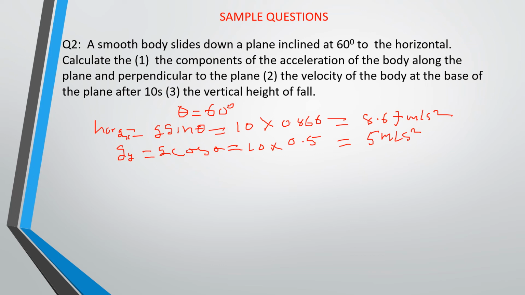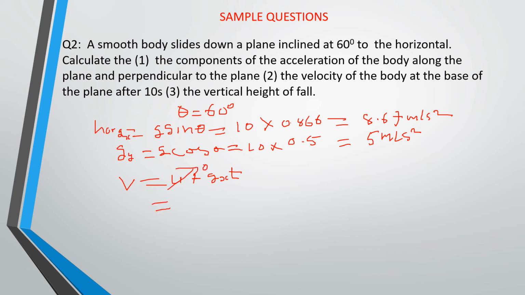Then the velocity of the body at the base of the plane after 10 seconds. We know that the initial velocity is equal to 0, from rest. So v is equal to u plus g sine theta t. This u will be equal to 0.